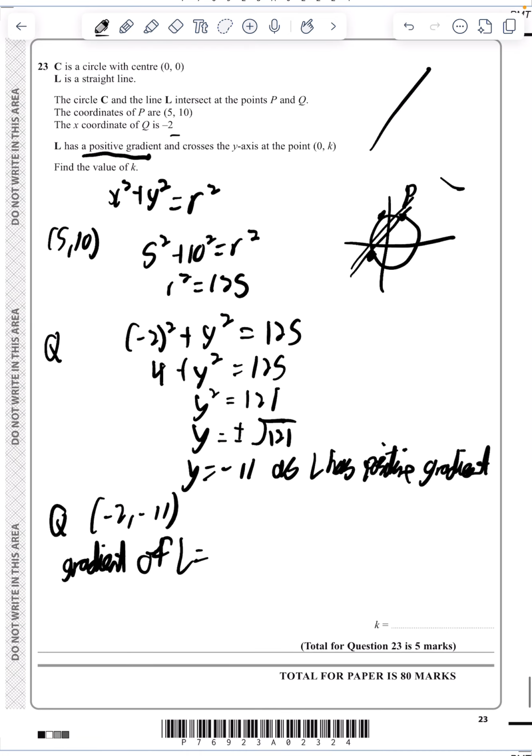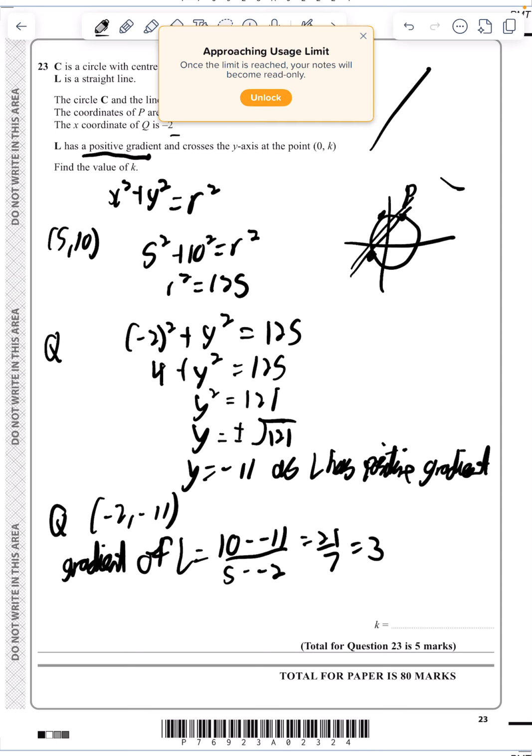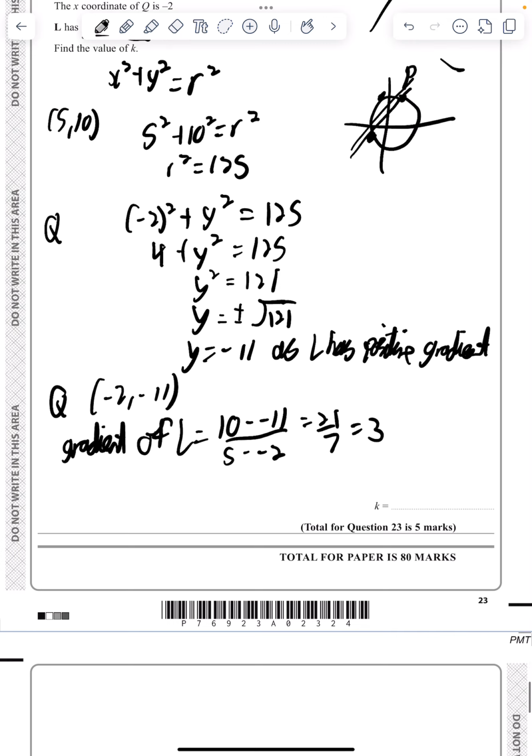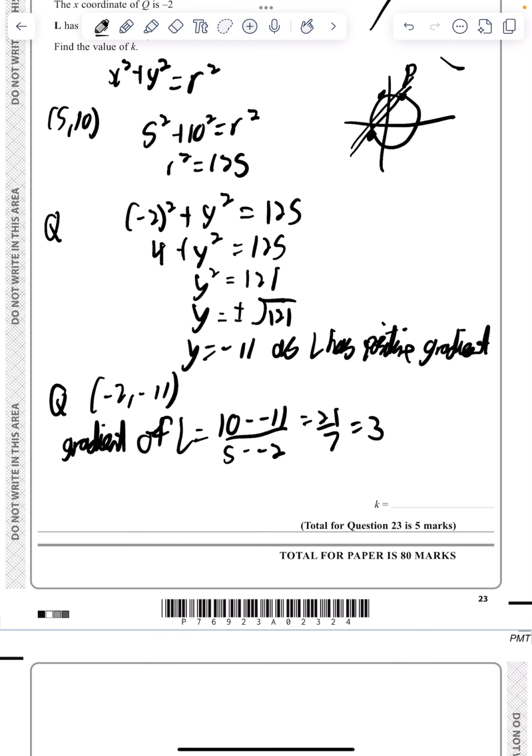So minus 11, minus 2, 21 over 7 equals 3. And yeah, just y equals mx plus c as normal. So I'll use the coordinate 5, 10 for it. Y equals 3x plus c, and I'll solve here.